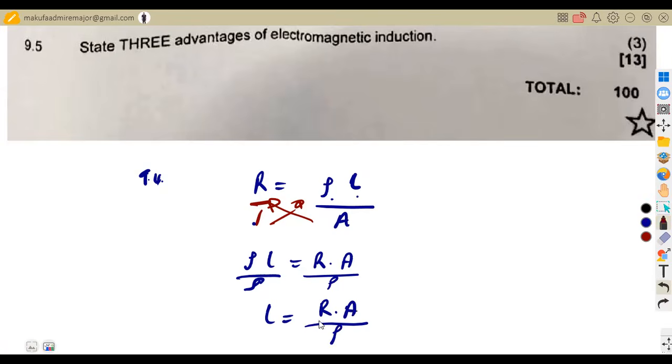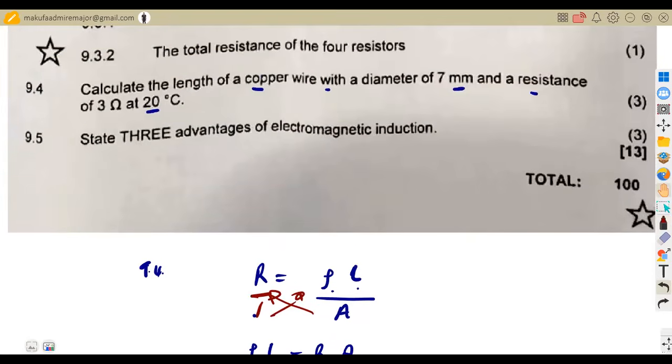Remember our area is taken from pi d squared over 4. And the diameter should be in meters, so this is the same as 7 times 10 to the exponent of -3 in meters.